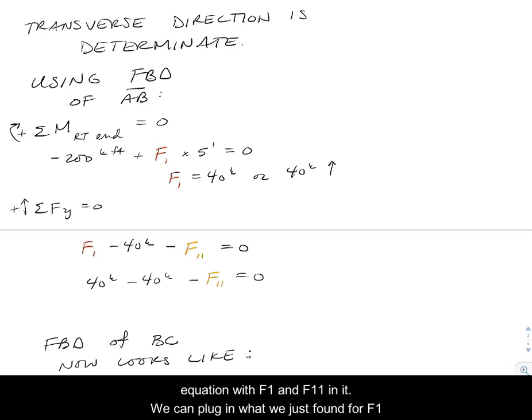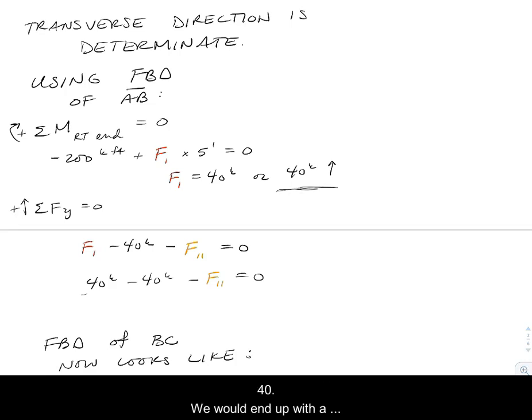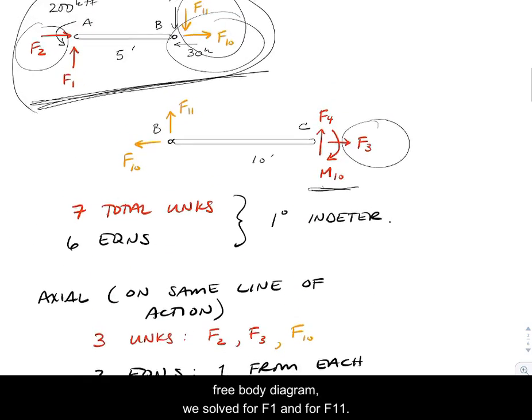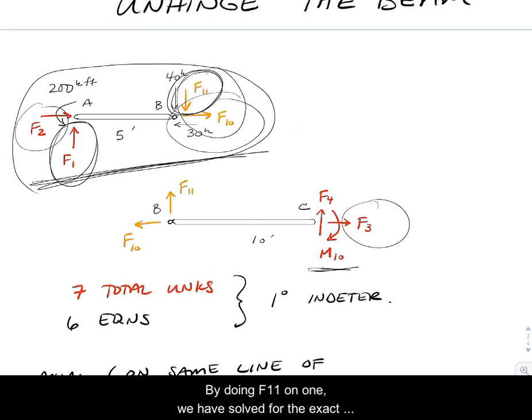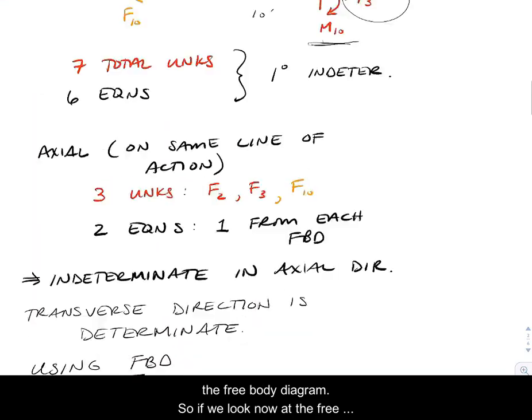We can plug in what we just found for F1, 40, and we would end up with a solution for F11. So what we've just done is, back in this free body diagram, we've solved for F1 and for F11. And by doing F11 on 1, we've solved for the exact same force in the opposite direction on the other side of the free body diagram.